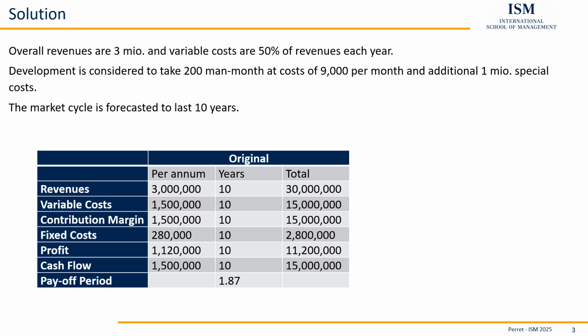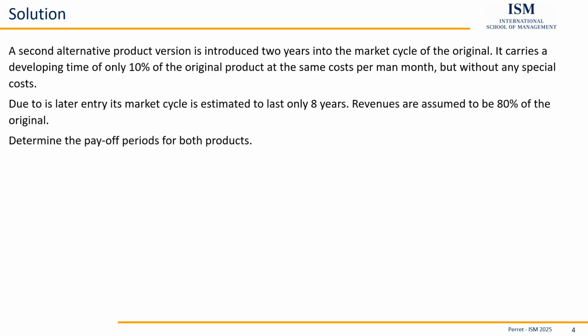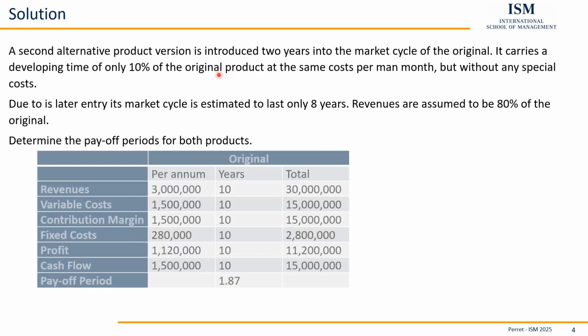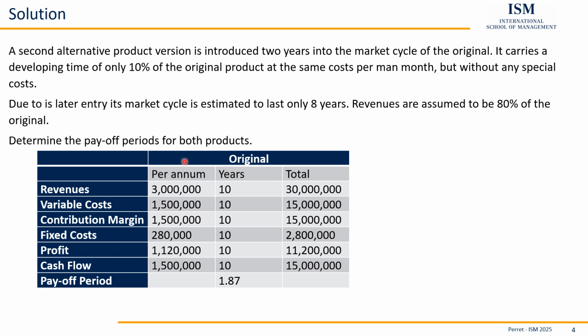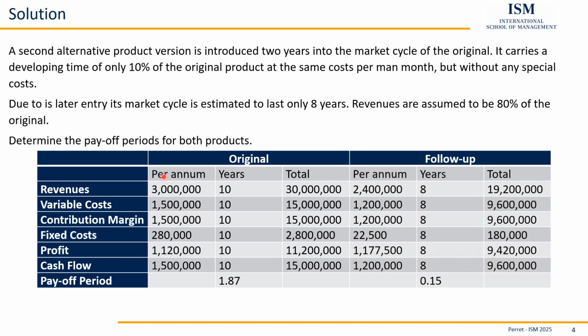Now let's have a look at the second follow-up product. For this second follow-up product, I have this information in the exercise. So I copied this here, and I also copy the information from the last slide on the original product for reference sake. Then with the adjusted aspects, what do I know here?